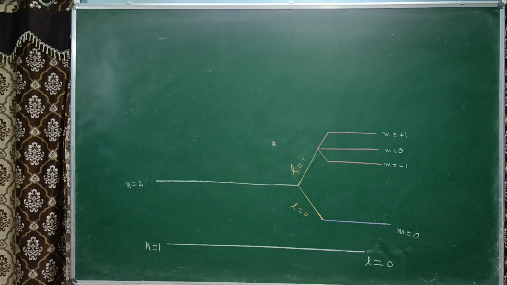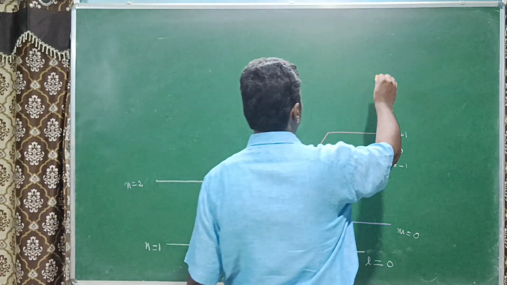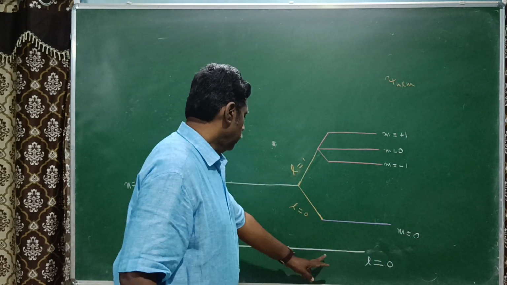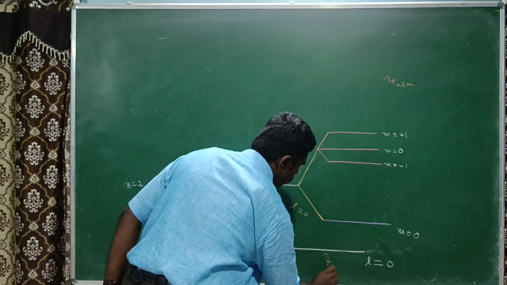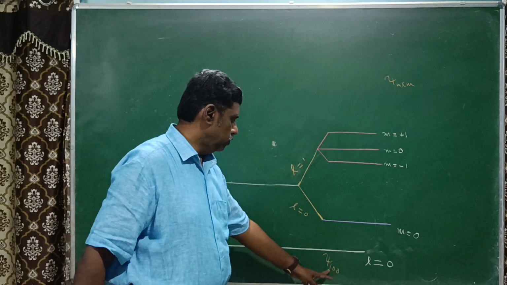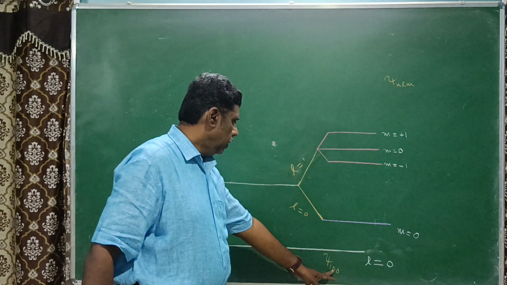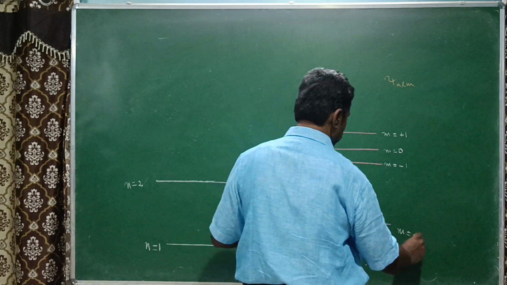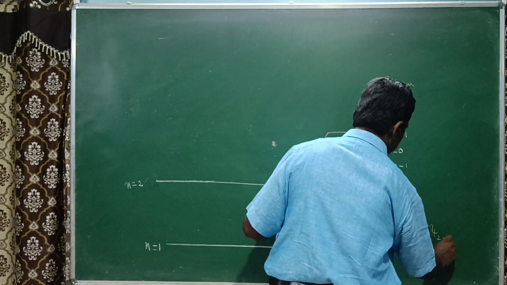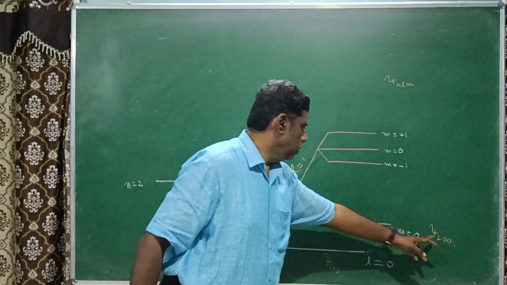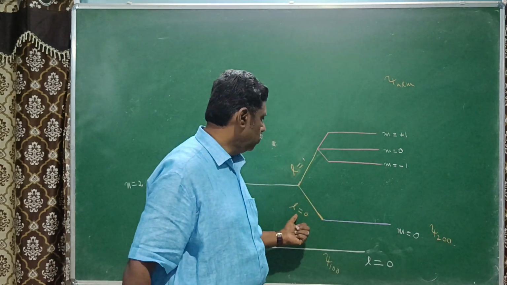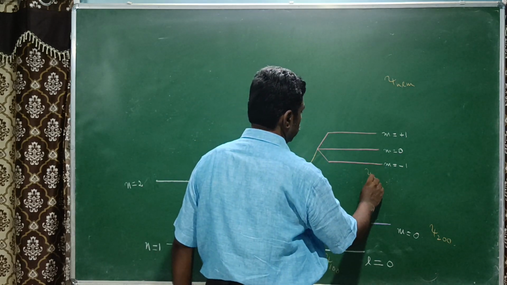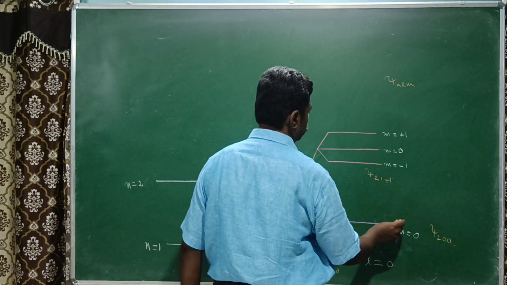See, the eigenstate is represented by the formula psi n L m. This is the ground state psi 1 0 0. The principal quantum number n is equal to 1, L equal to 0, m equal to 0. The state is psi 2 0 0. See here, the principal quantum number n equal to 2, L value is 0, m value is 0. This is psi 2 1 minus 1 state.